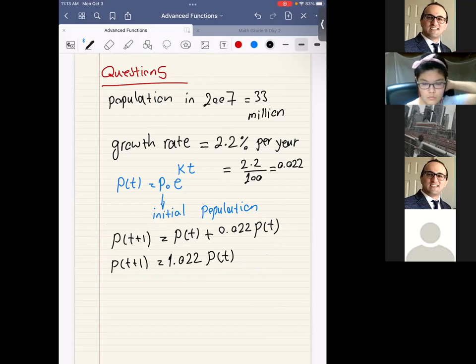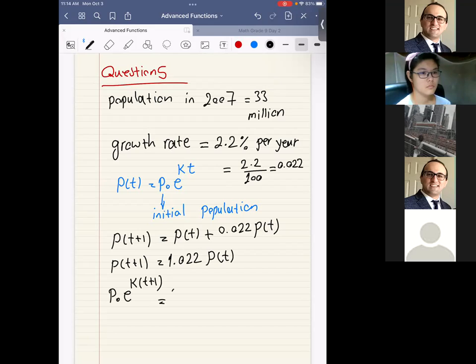Now, if you plug this into the population model, on the left-hand side you get P0 times e to the power k times t plus 1.